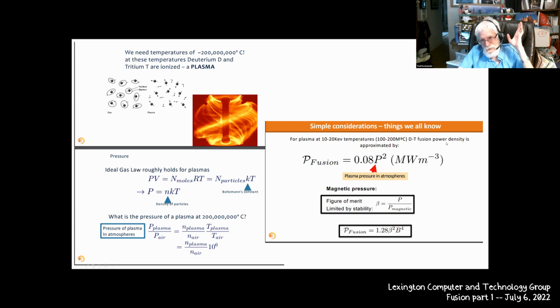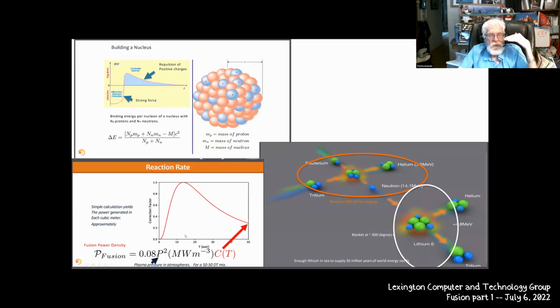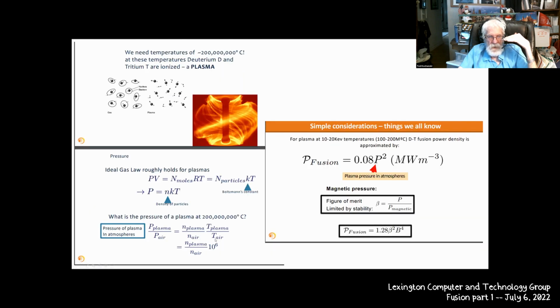And stability-wise, this quantity beta tells you the stability of the system. The pressure over the magnetic pressure is beta. It's limited in how much you can do that. And so the fusion power then becomes limited in terms of the beta and the strength of the magnetic field.